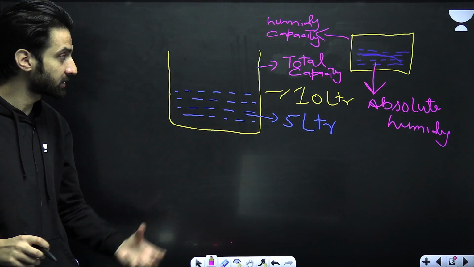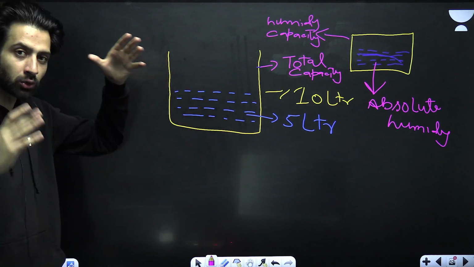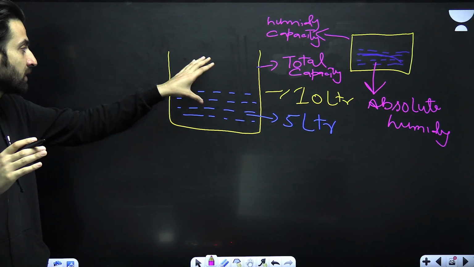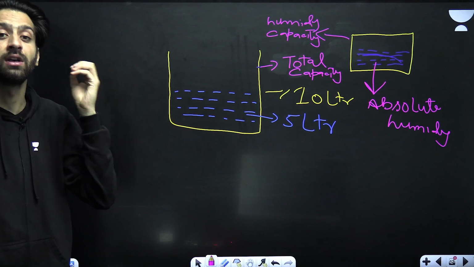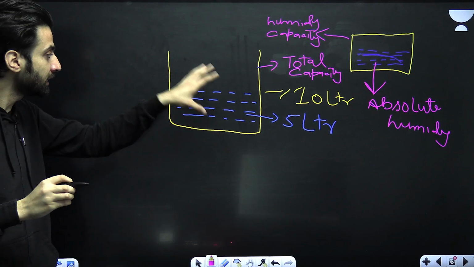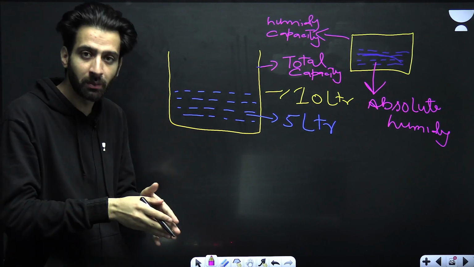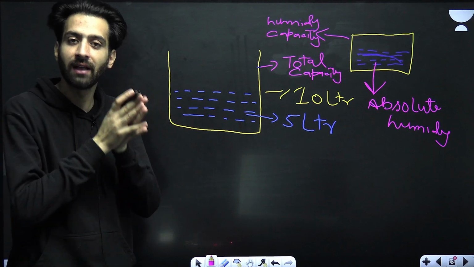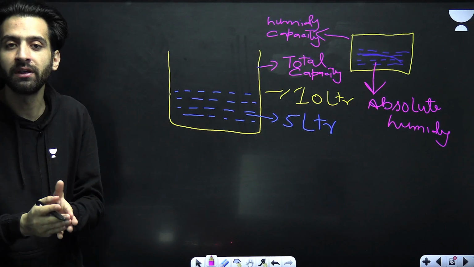If you are asked what the humidity capacity is, it is the total capacity that is there. This bucket is 10 liters, that is the humidity capacity. But it is only holding 5 liters of water. That is the absolute humidity, the absolute amount that is present. So how will it decide what the relative humidity will be?